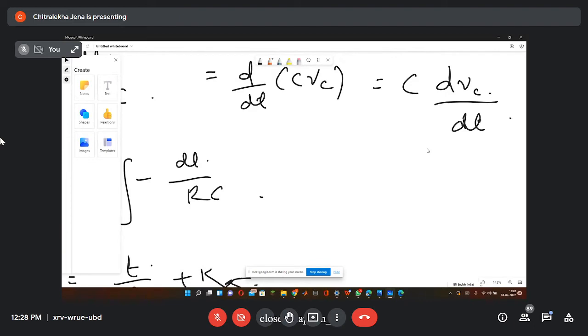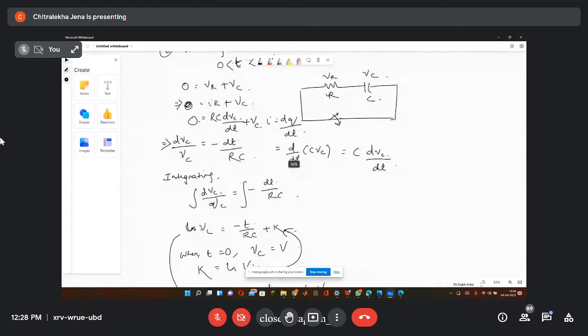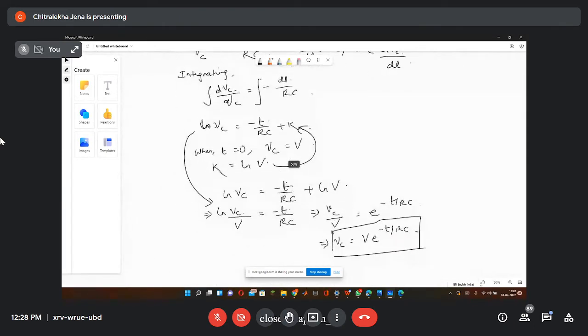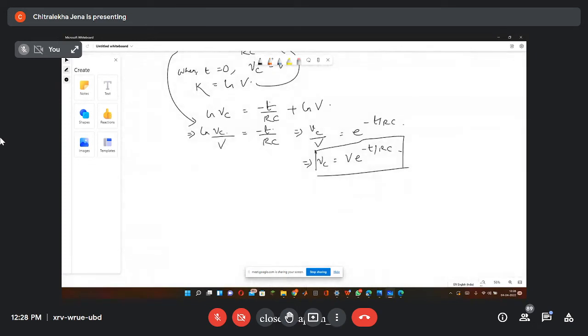Suppose I am giving a DC voltage to a capacitor. You can check it. Whatever the voltage, you will see that immediately it has charged. Suddenly it has charged and it has become open.